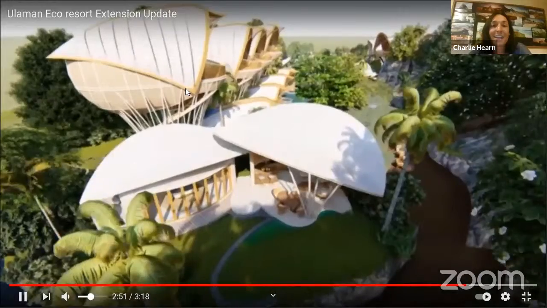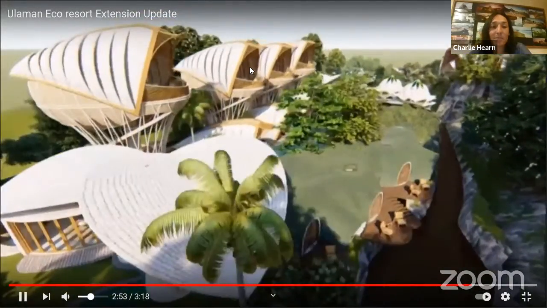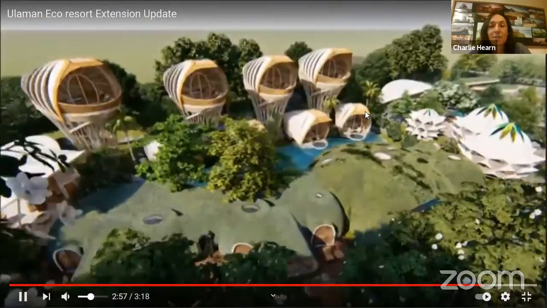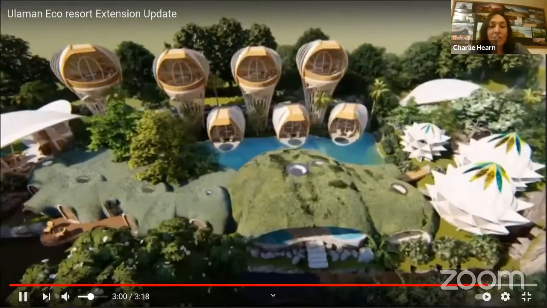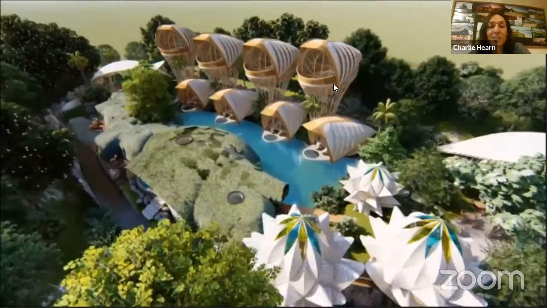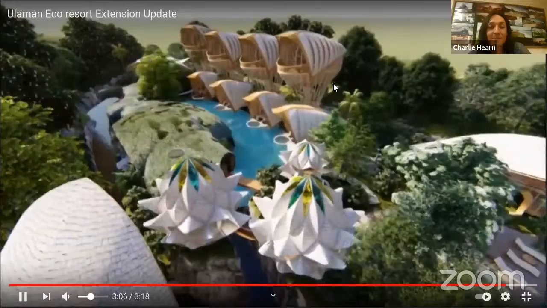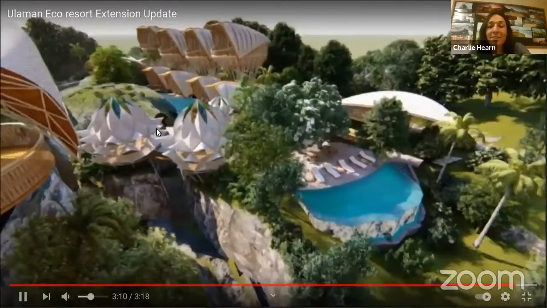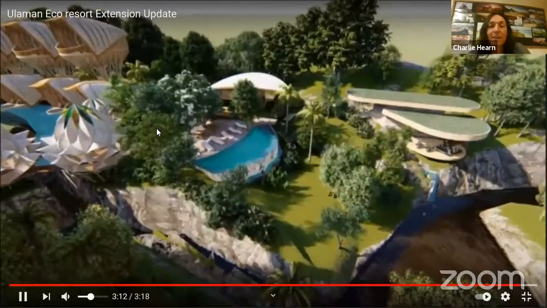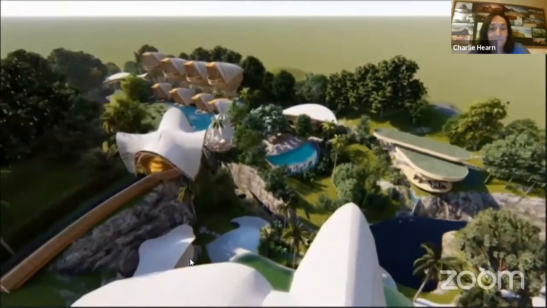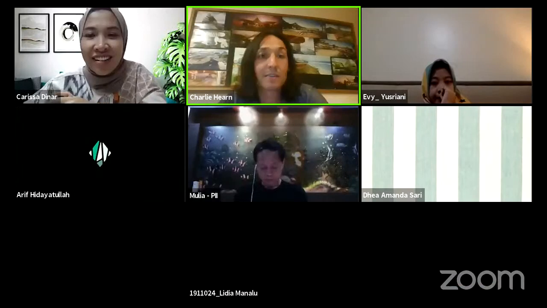So we create these high elevated structures for a different experience within the resort, and also as an exploration to see what we could do with bamboo in terms of its structure and its composition. This space is under construction right now, and hopefully should be completed by the end of this year.